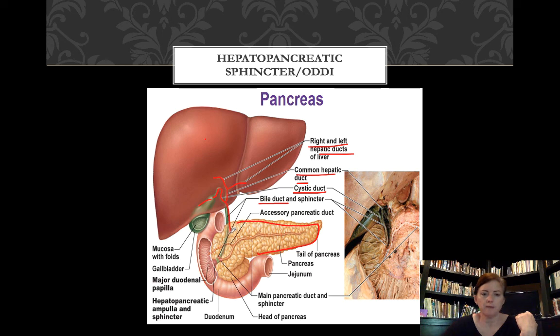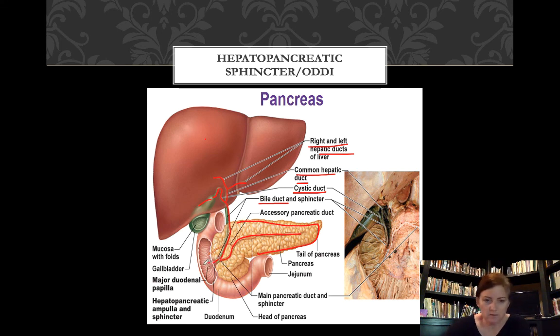Okay? And that's going to travel down through here. Now, that common bile duct is also going to join with this pancreatic duct here, which is going to secrete pancreatic juice from the pancreas. And all of that is going to be dumped out into the small intestines.